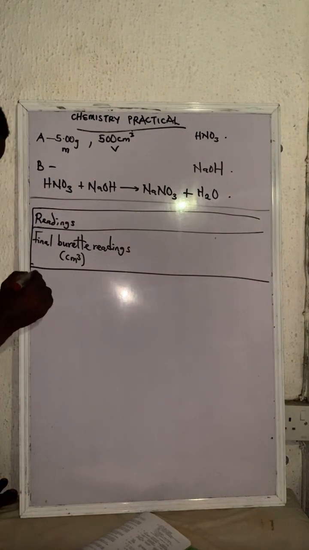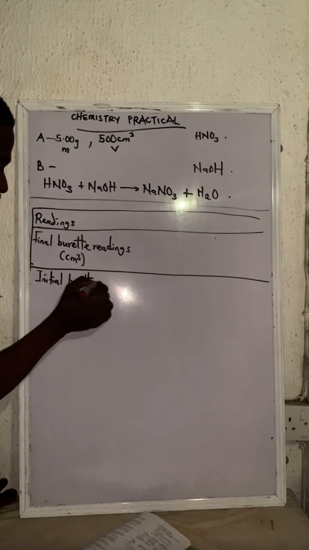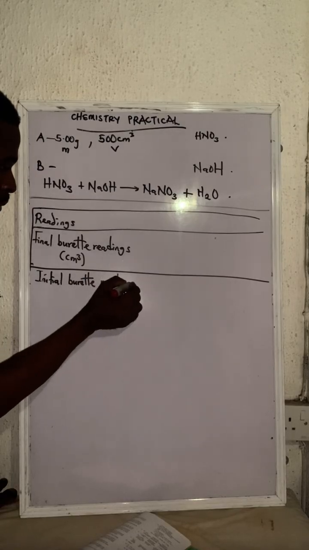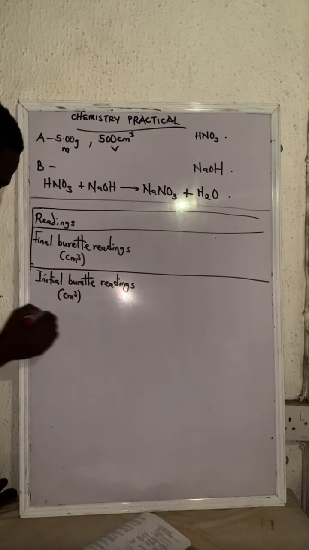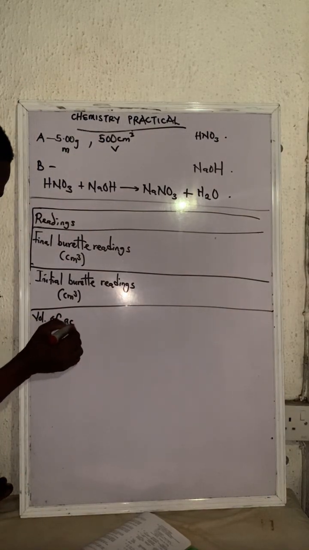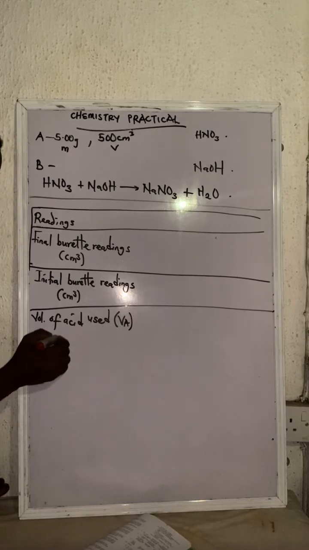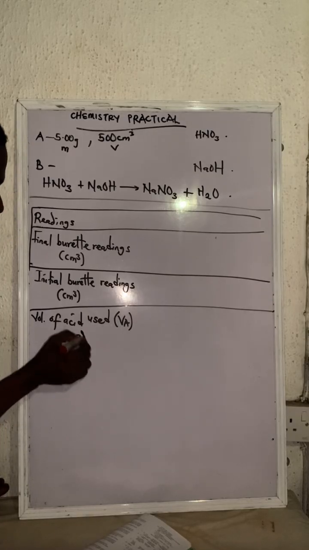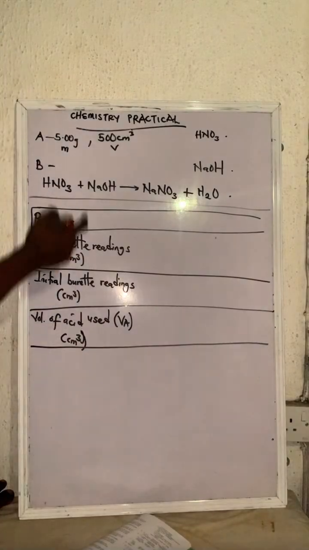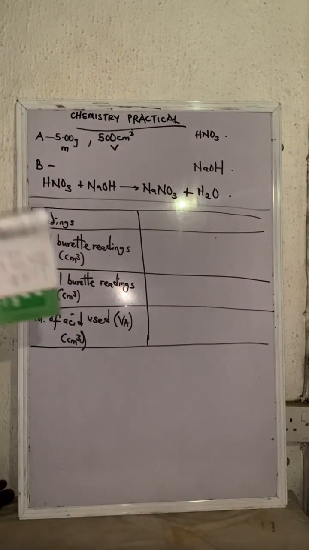After final is initial, so initial burette readings is also the same thing. There's now volume of acid used, that's V, which is also in cm³. That's what you mean by tabulate your result.